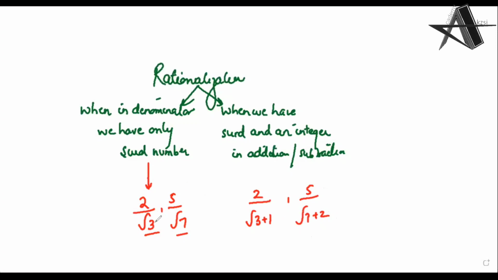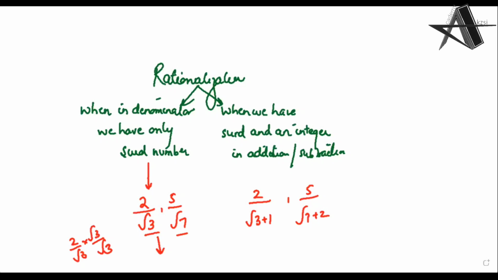These are the two types. This can be rationalized, just as we have seen: multiply and divide with the number that is in the denominator. So multiply and divide with root 3 in this case. In this way, you will be able to rationalize it.